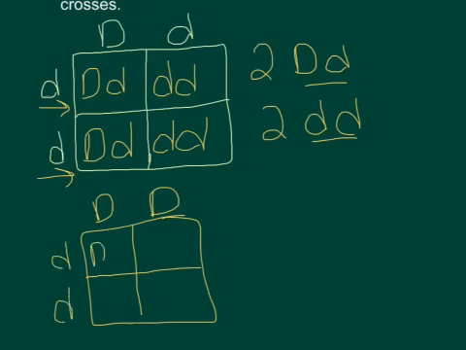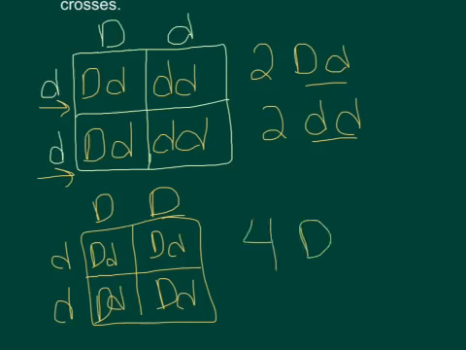When we do the cross, what we're going to see is now each box has just one possibility present. So we would have 4 big D, little d, 4 heterozygous dominant. All 4 of these dogs will be able to hear.